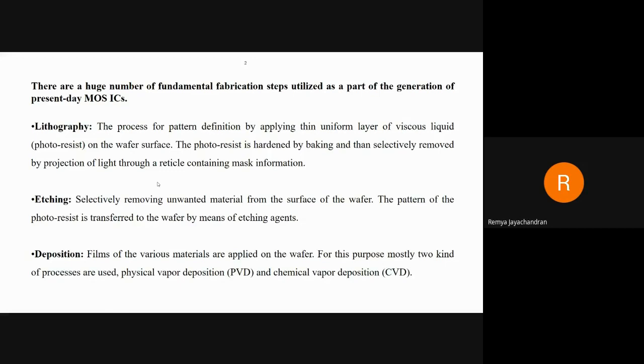Then the etching process, that is removing the unwanted material from the surface of the wafer. And then the deposition, that is a film of various material that can be deposited over the wafer by physical vapor deposition or chemical vapor deposition.